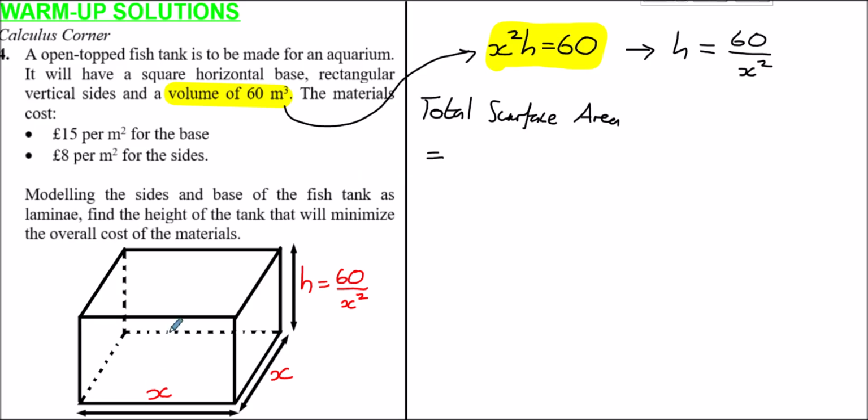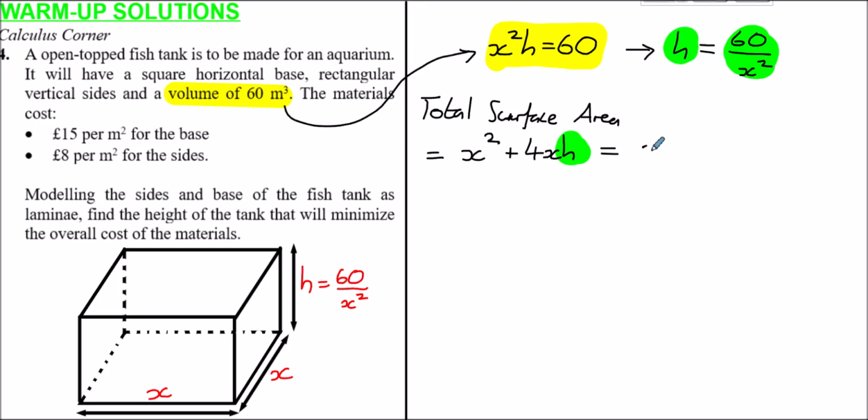For total surface area, well, the base is going to be x squared, and each side, because it's a square base, is going to have an area of x multiplied by h. It's going to be plus 4 lots of xh. But remember, we defined h in this way, so we can do one better. So instead of leaving h like this, we can swap in that h is 60 over x squared.